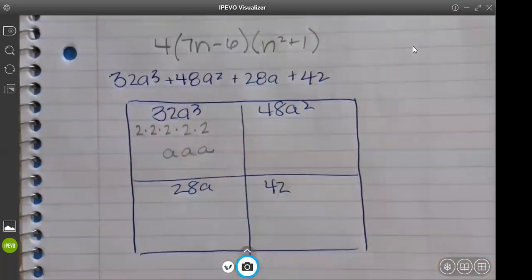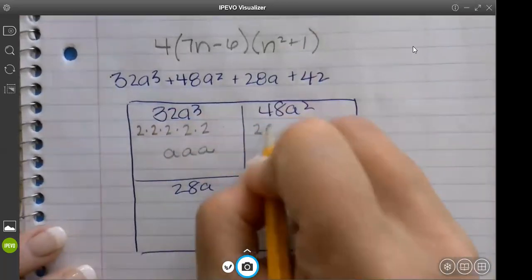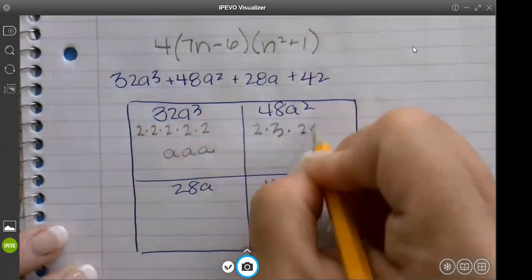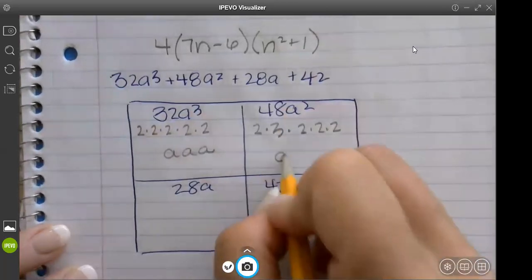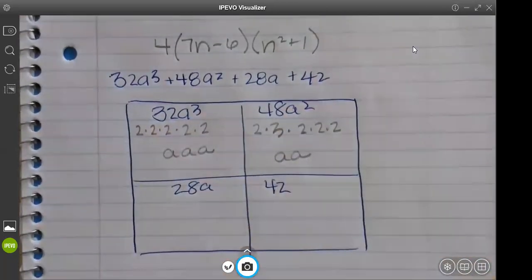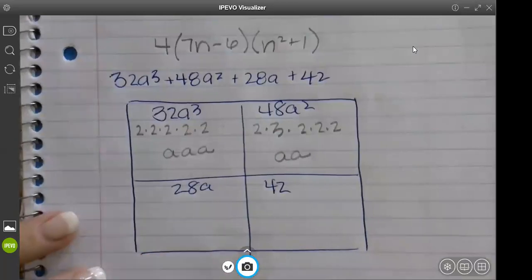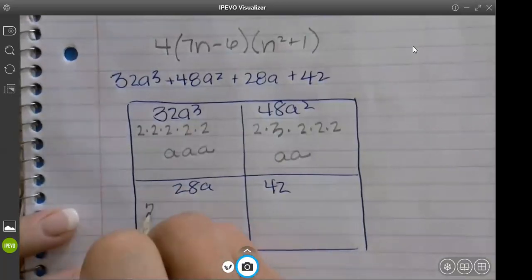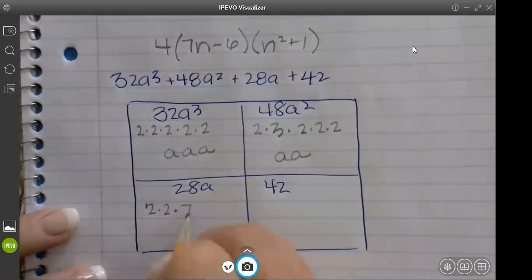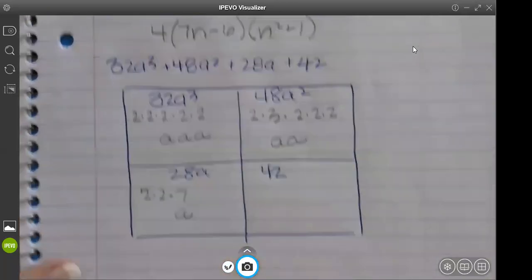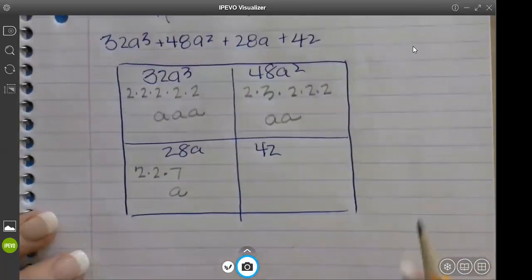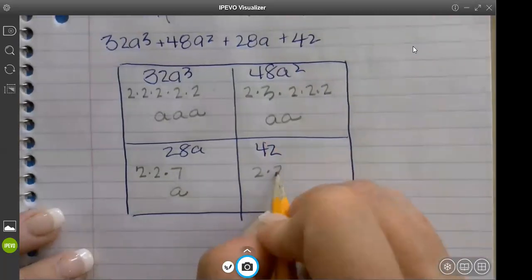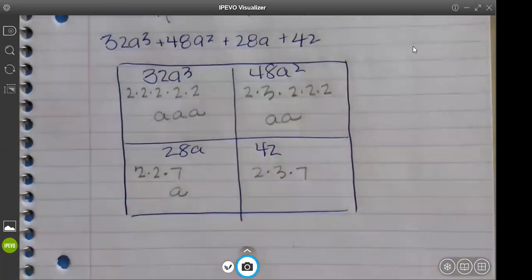Okay. 48 is 6 times 8. 6 is 2 and 3. 8 is 3 2's and 2 a's. 28 is 4 times 7, so 2, 2, 7 and an a. And 42 is 6 times 7, so 2 times 3 and 7.